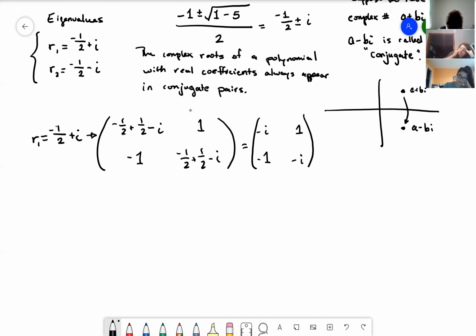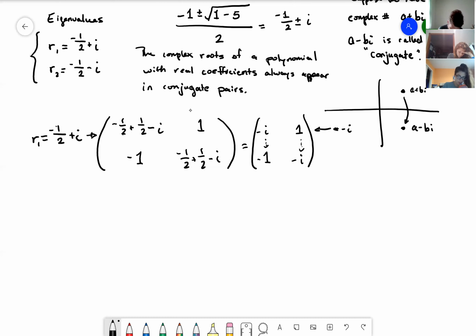And in fact, that is the case. If we take this row and multiply it by -i, we see we get this -i here. And then if we multiply -i by -i, that's just i times i, which is -1. So we see that only one of these conditions that we would get from a system of linear equations is relevant to figuring out what our eigenvector will be.